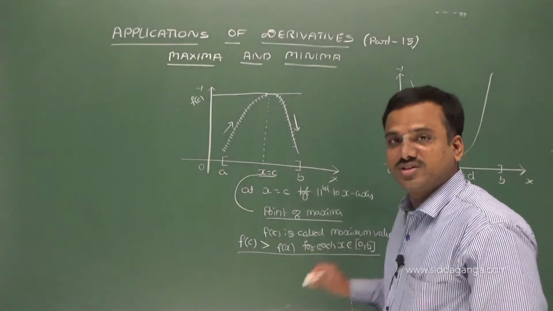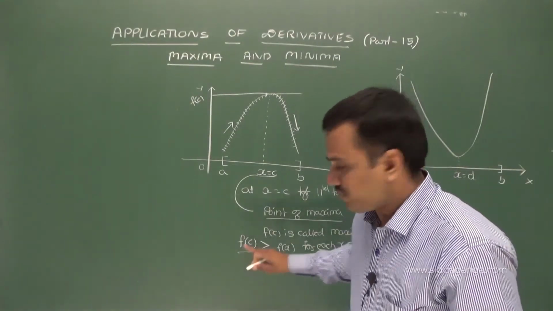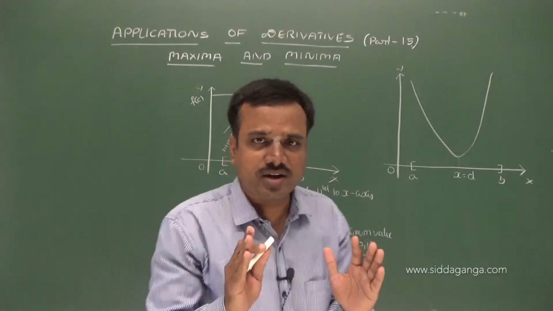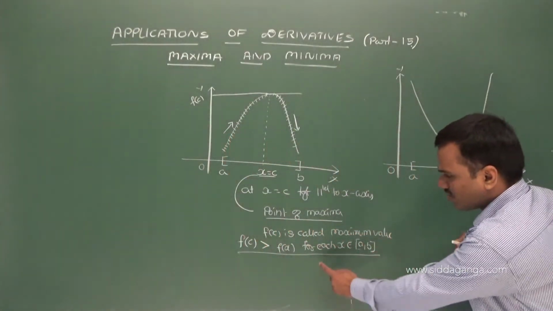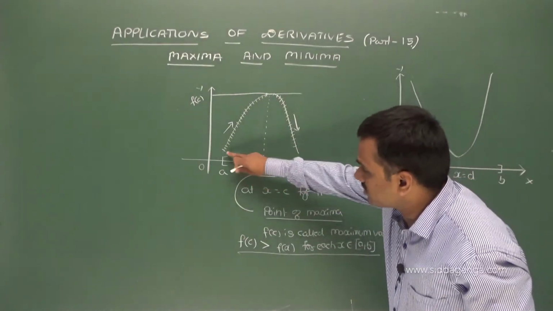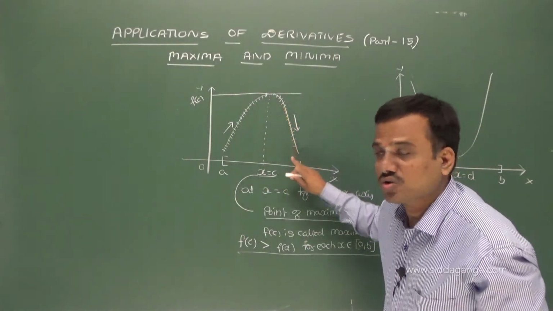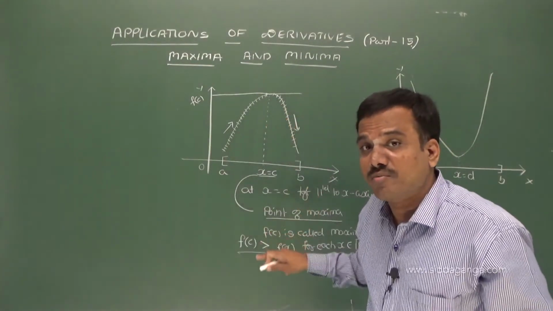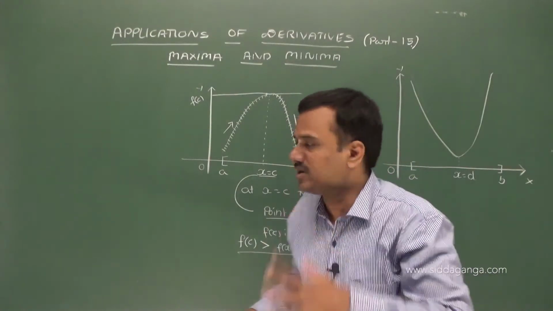It is greater than f of x for each x belongs to the closed interval a comma b. That means the curve is continuous on the closed interval a comma b and differentiable on the open interval a comma b. Then only we find maxima and minima.